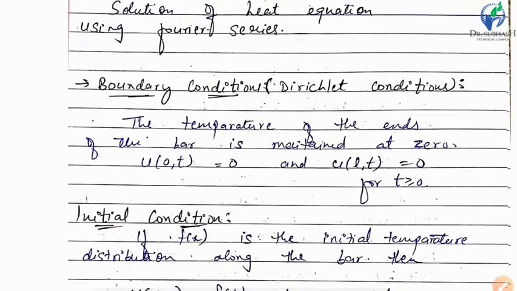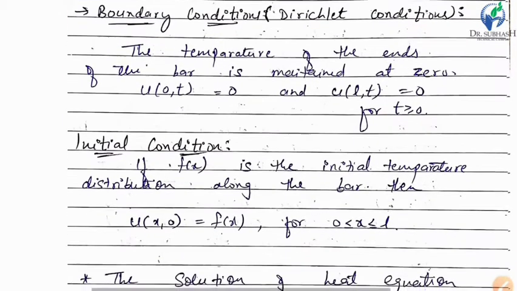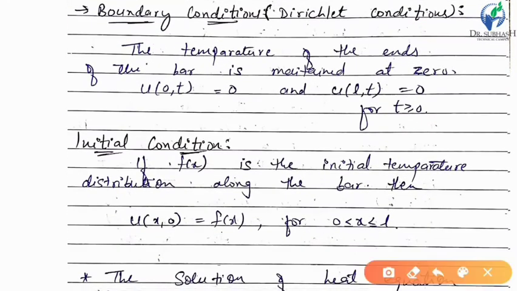Now, the solution of heat equation can be found by using Fourier series. Let us see the boundary condition and initial condition. Boundary condition is the temperature of the end of the bar is maintained at 0.